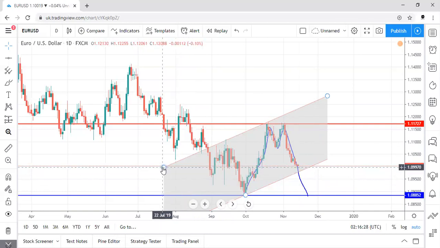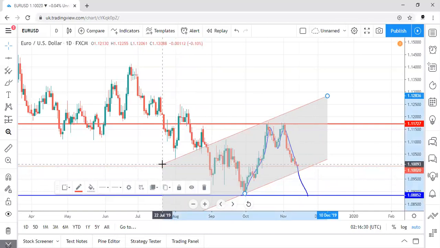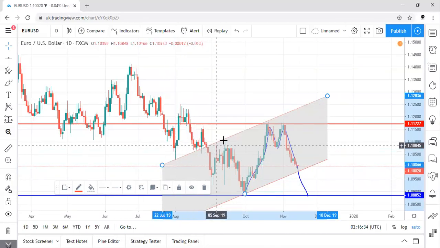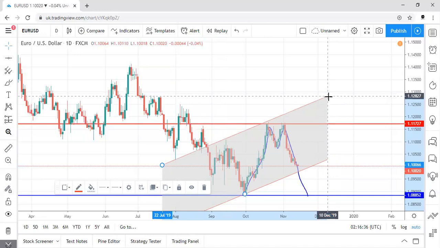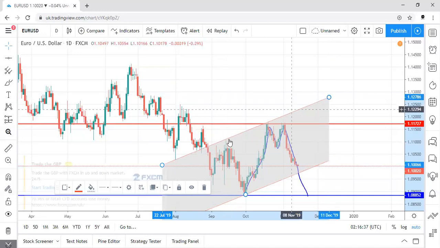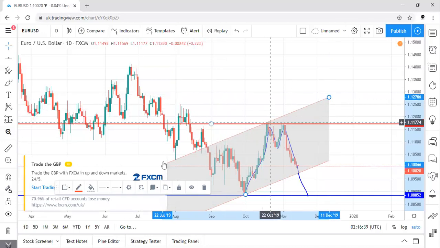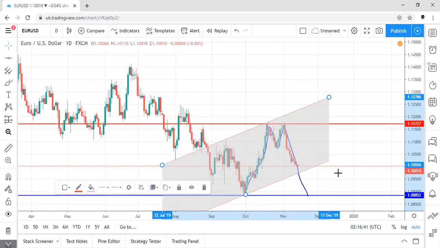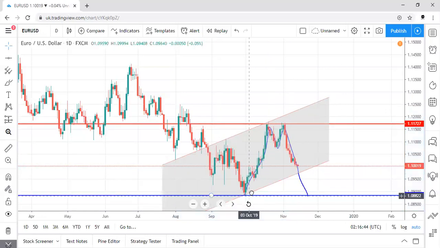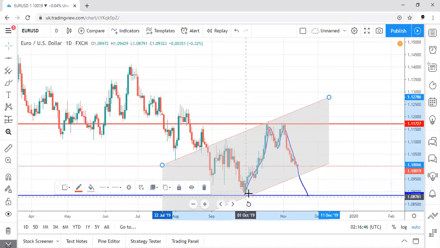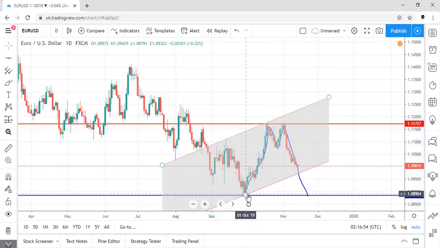Let me adjust this quickly to match this because I can see there was a touch here. Touch here. If I put it the right way, then here we are right. I just need to put it on top of my support and also on the touch right there.